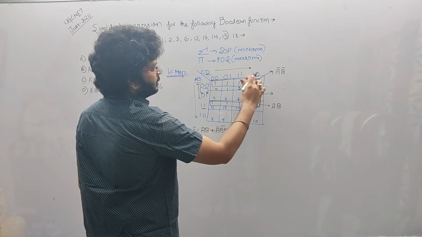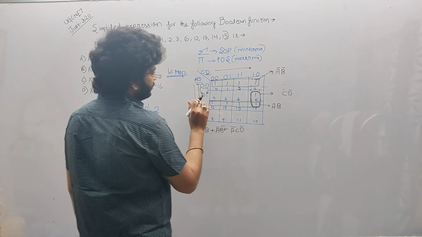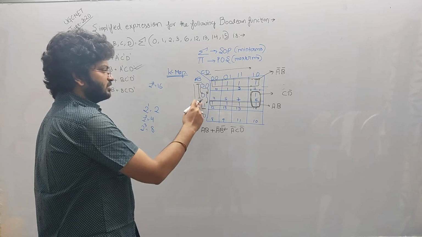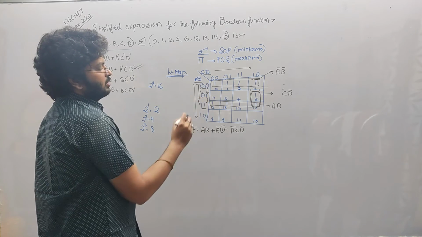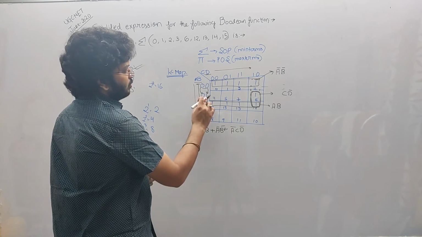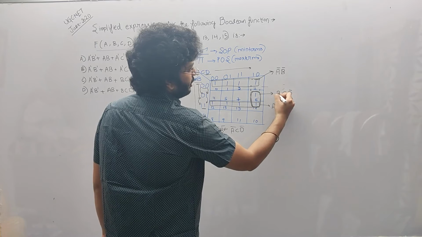For this part, 1 0 remains constantly the same, so I have C and D bar, but for this one the 1 part remains the same. You can see the 1 remains the same, but 0 changes to 1. The part which remains constant will be taken to the answer. So 1 remains the same. For 1 I have B. So I will be placing B, C, D bar.